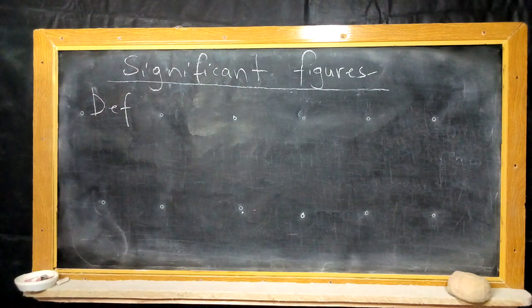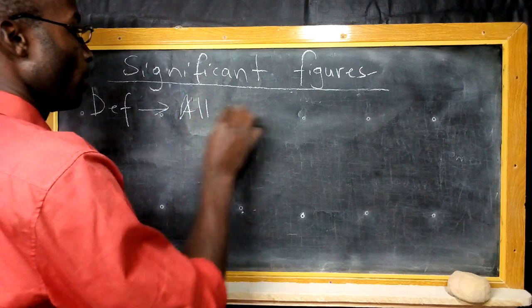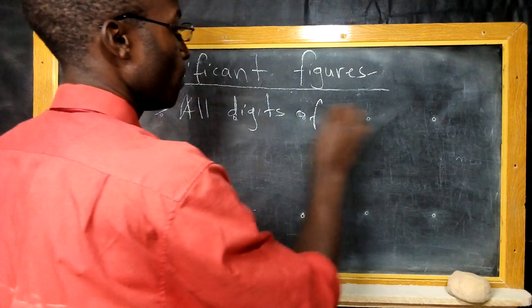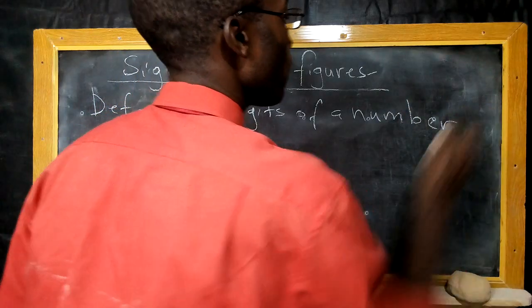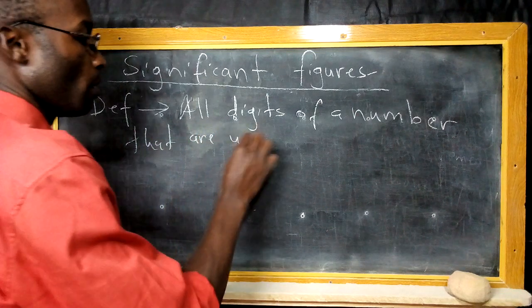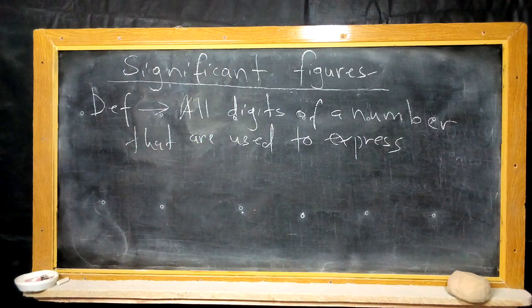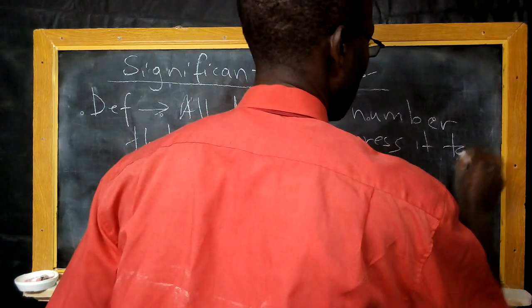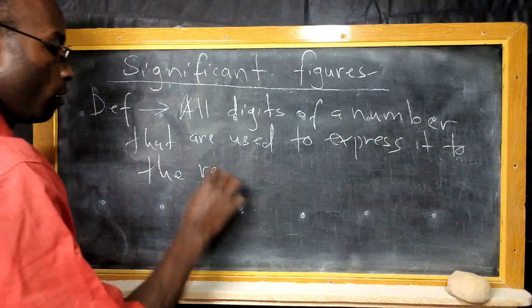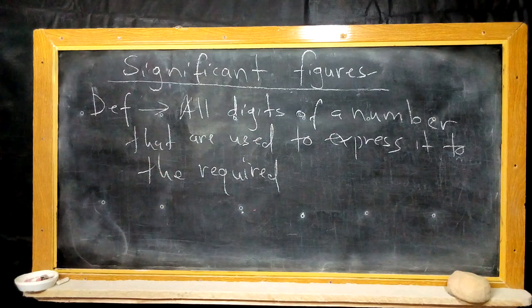So from a definition, significant figures refers to digits of a number that are used to express it to the required degree of accuracy.